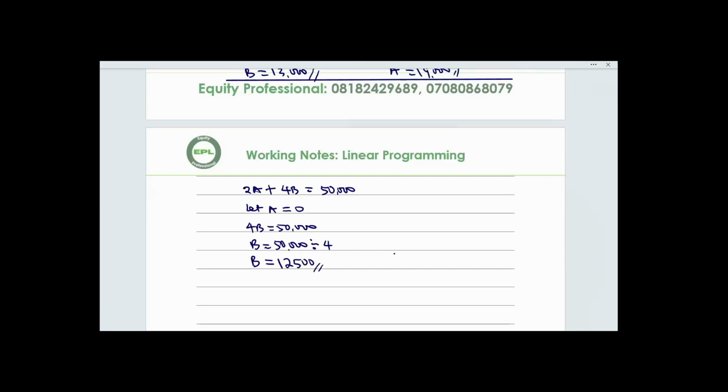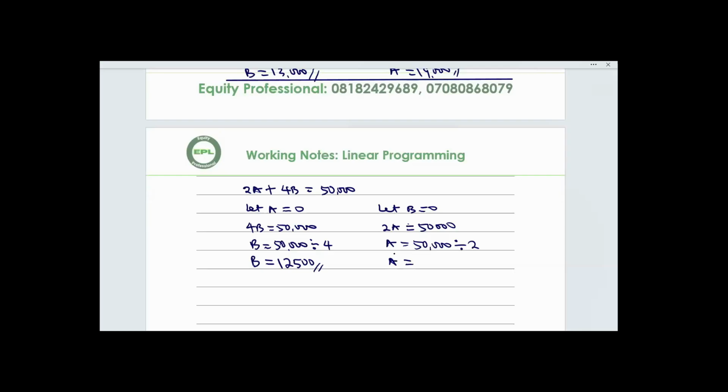12,500. All right. On the other side, let b equal to 0. Then 2a will be equal to 50,000. A equal to 50,000 divided by 2.